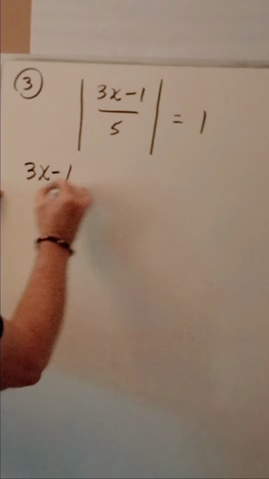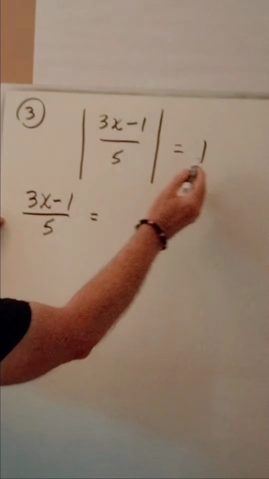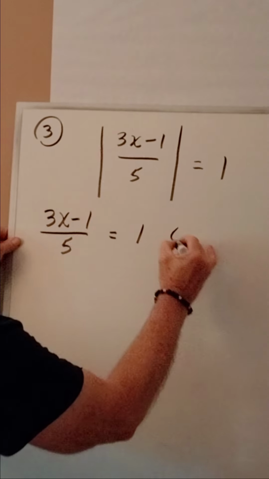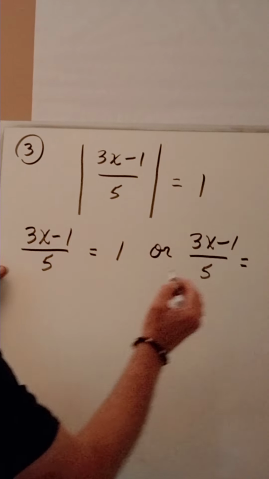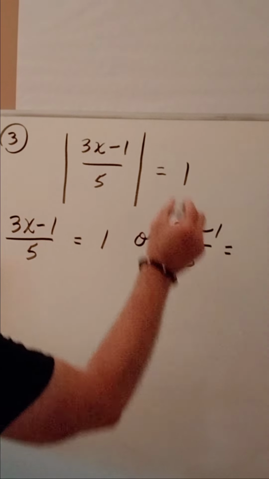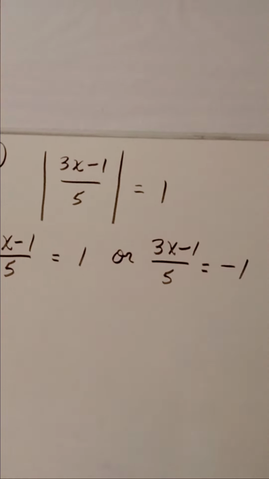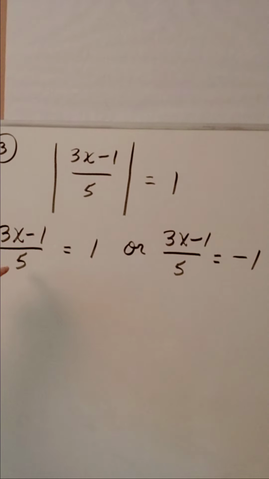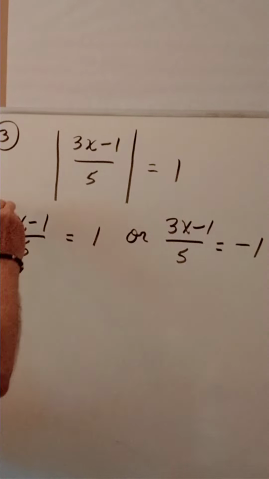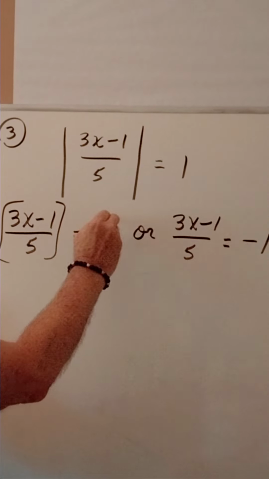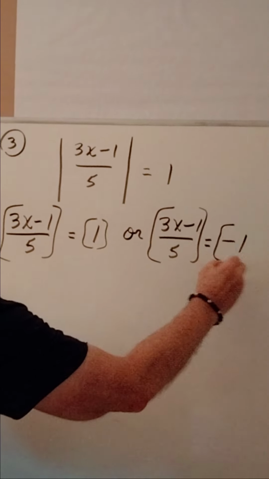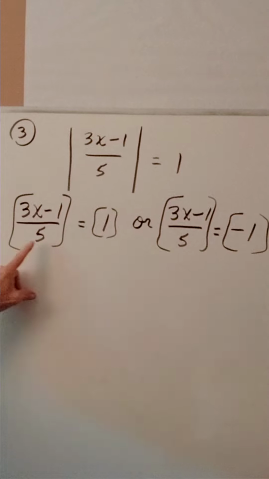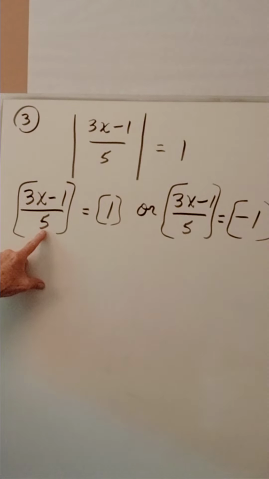Bring down your u, and it will equal your c, or bring down your u, and it will equal the opposite of c, or the opposite of 1, and there's our 2 equations. Notice a fraction. LCD, 5.